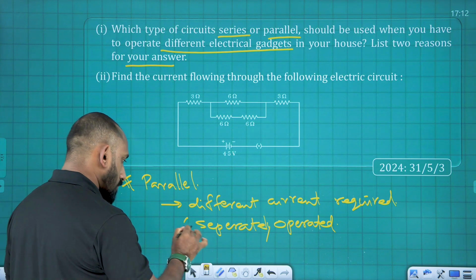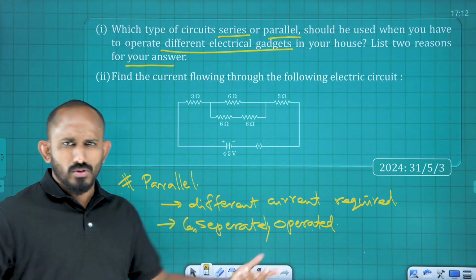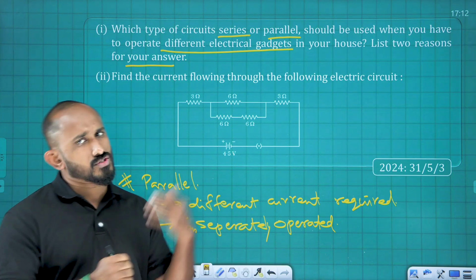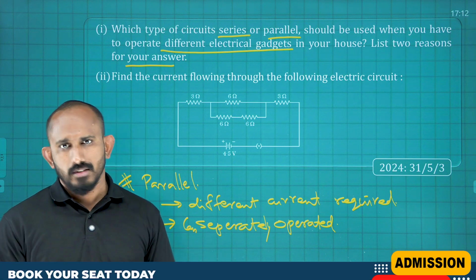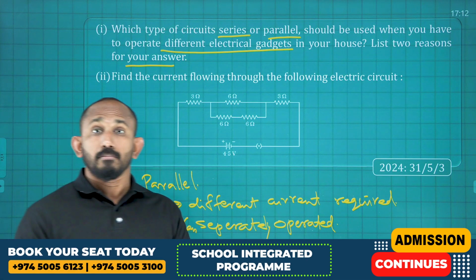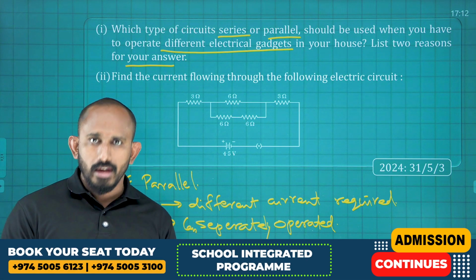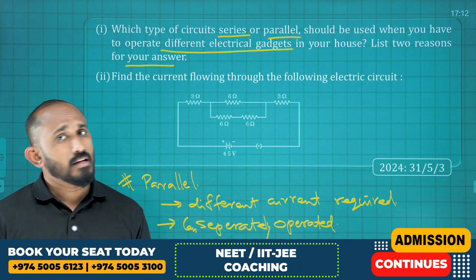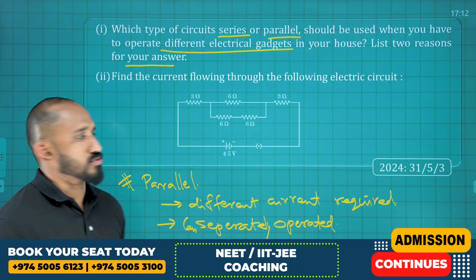Or, if one stops working, still the other circuit can work. These are the reasons you can keep. That's a benefit of the parallel circuit. So only in domestic circuits, we prefer the parallel combination of the devices.